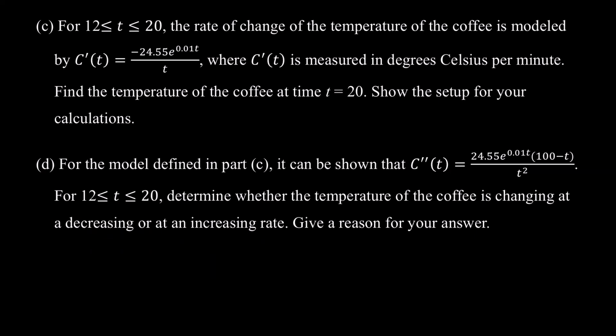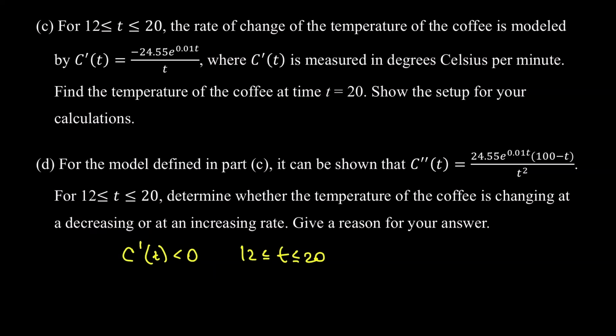First of all, note a couple of things. c prime of t is less than 0 for t between 12 and 20 minutes, because negative 24.55 is negative, the exponent is always positive, and t is positive. So overall it's negative times positive divided by positive, which is negative.